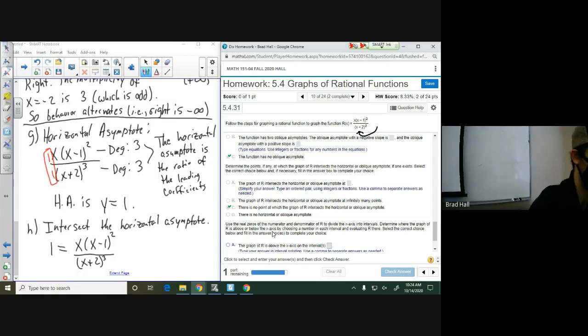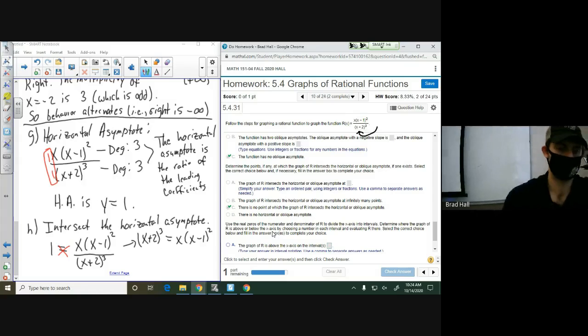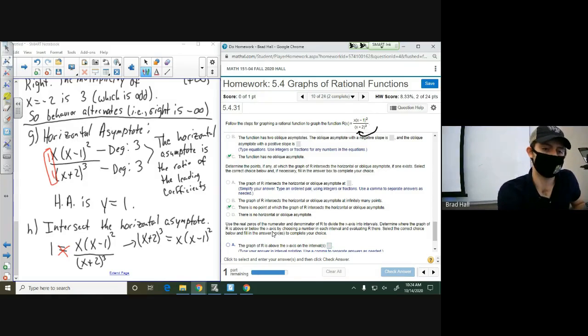When we cross multiply, we would get (x plus 2) to the third is equal to x times (x minus 1) squared. You would have to work both of these sides out, which for time constraints I'm not going to do.